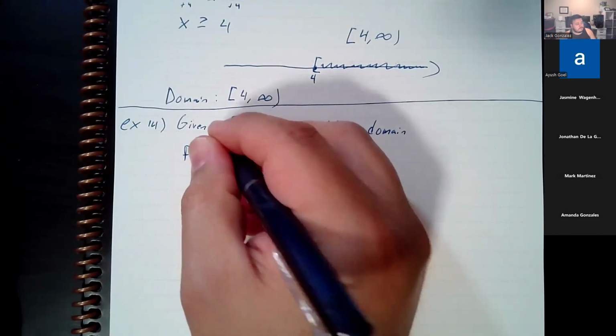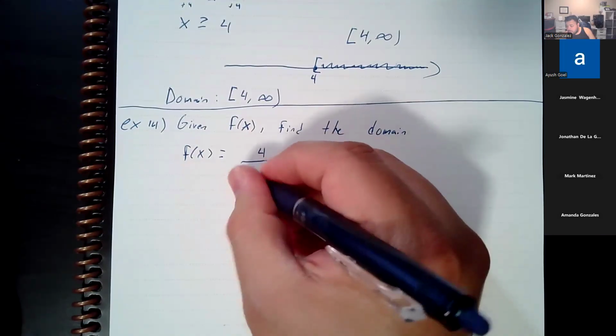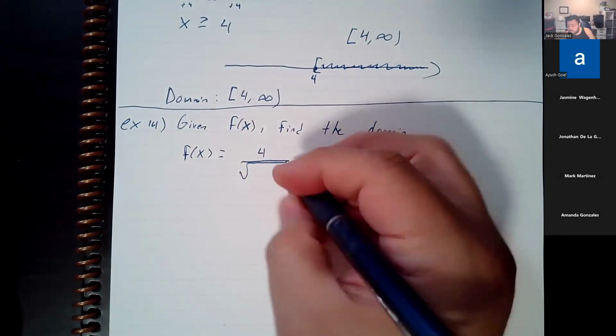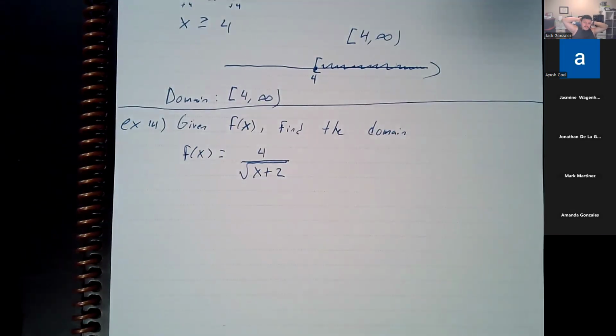So check this one out. What problems can you see just by looking at it? Isn't this like a rational type and a square root type at the same time?